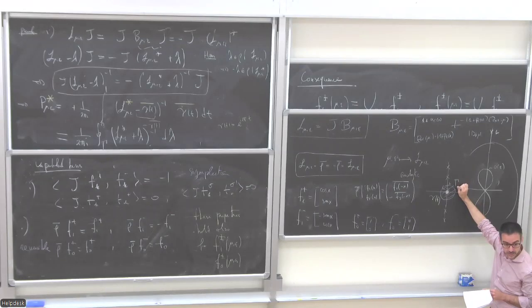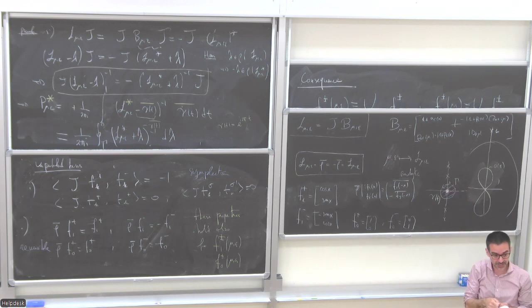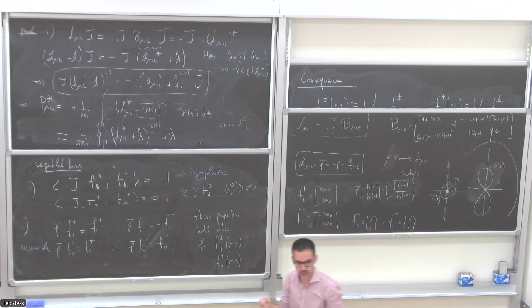Because earlier on we showed that P mu epsilon minus P00 has norm less than 1. Yes, but what actually matters is that there are no other collisions. So you do the construction for epsilon small, and then you can analytically continue also for larger values, until other collisions happen.